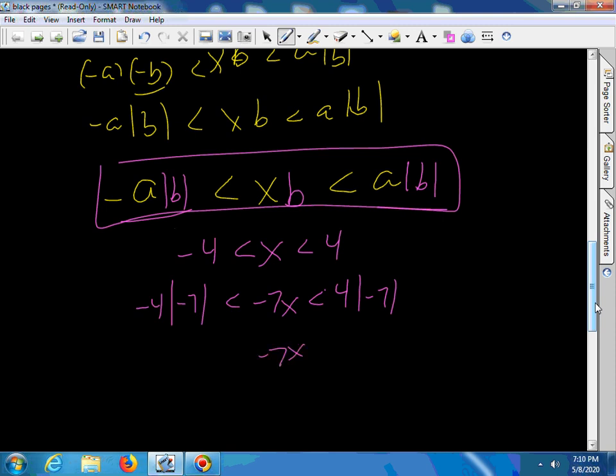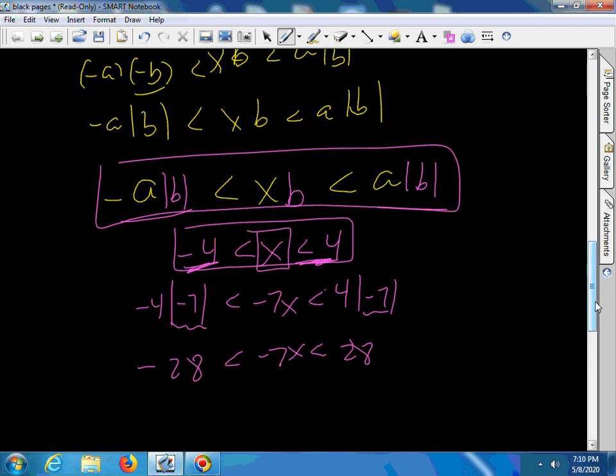And this is saying that if x is in between here, then negative 7x is guaranteed, remember this is 7, and that's 7, to be between negative 28 and positive 28. If you know that x is in between there, you multiply by negative 7, you can now say that negative 7x is in between here.